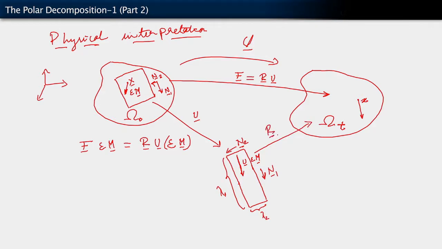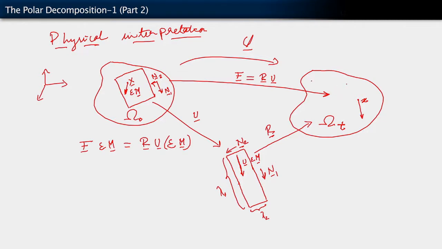Unfortunately I've drawn this neighborhood too big to fit inside my current configuration, but nevertheless I'm going to draw it there. It's just the fact that my drawings are poor here. Essentially what R does is to take this purely stretched neighborhood and rotate it to some other orientation. So let's draw it here.